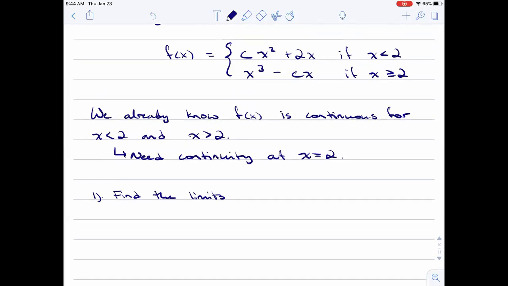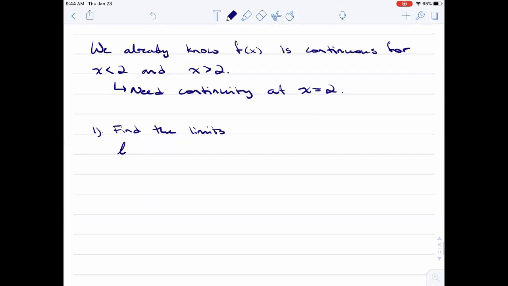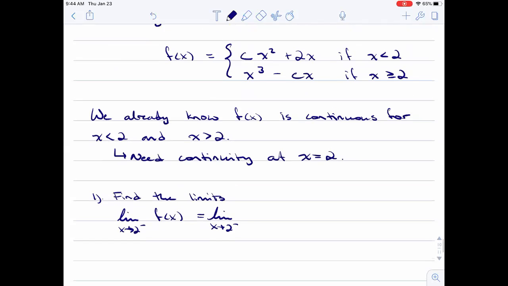Looking at how we approach this, right, if x is less than 2, then we've got cx squared plus 2x, so I'm coming in from the left. And so the limit as x approaches 2 from the left of f of x is the limit as x approaches 2 from the left of cx squared plus 2x.